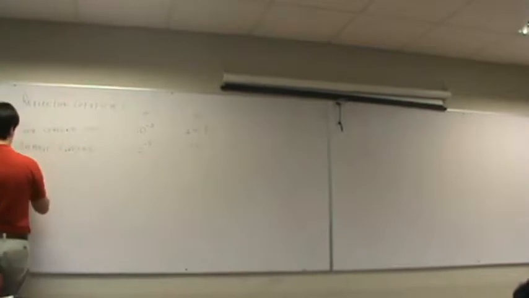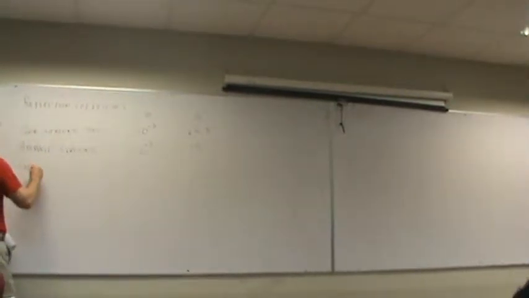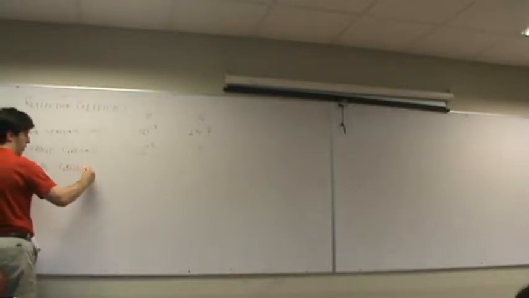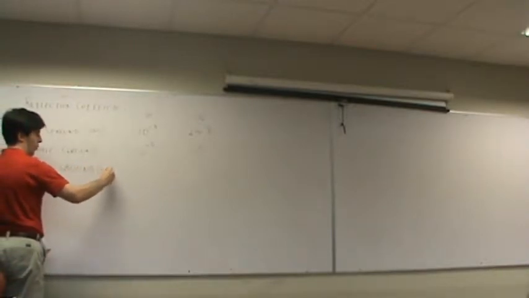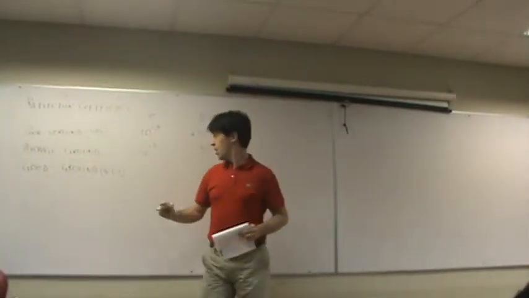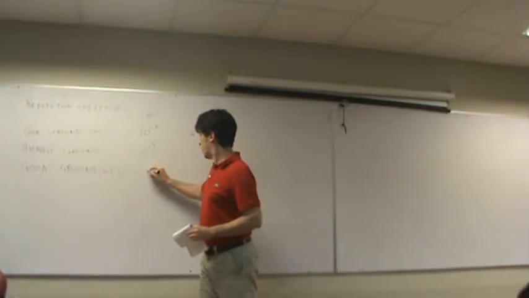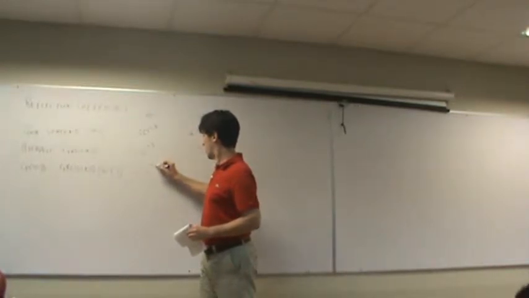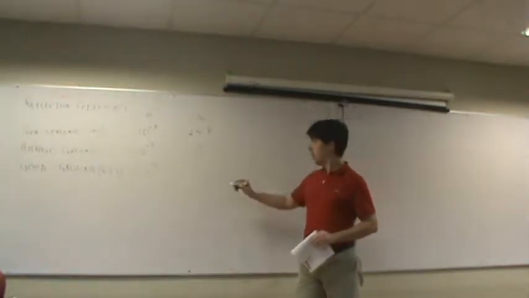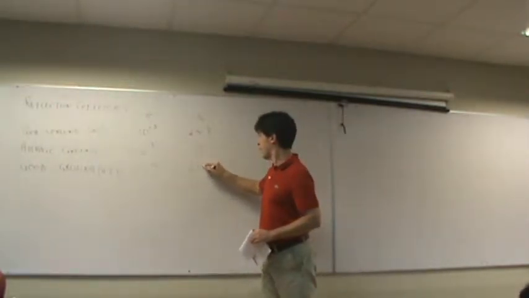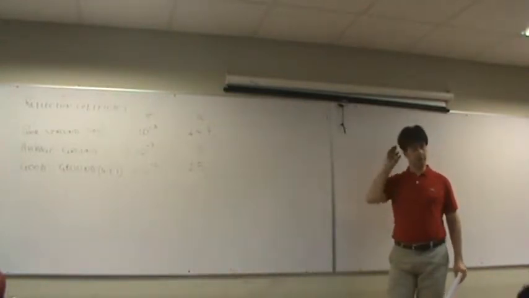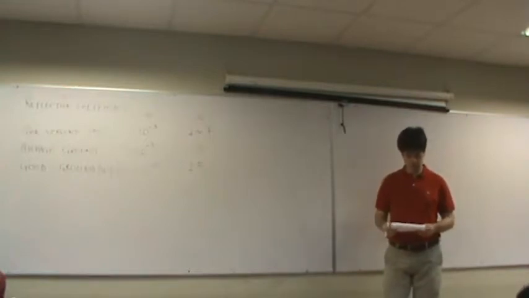And eventually we have what we call good ground. The conductivity is 10 to the minus 2 and the dielectric constant is 25. So very, very different. We'll have very different reflection coefficients.